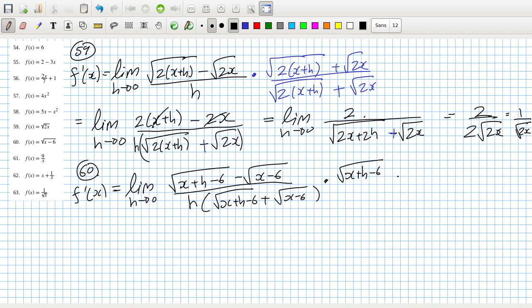The conjugate would be a plus, actually, plus root x minus 6. So on the top, I'll be left with x plus h minus 6 minus x minus 6. So the x's will cancel, the 6 will cancel, and the h will cancel down below. So you're just left with 1 over root x plus h minus 6 plus root x minus 6. So that'll be 1 over 2 root x minus 6.